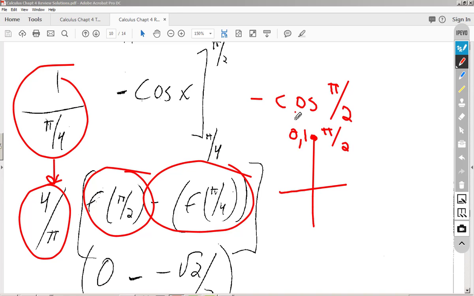Cosine is the x value of that, so that's why that value is 0. And then on this next one, we got the f of pi over 4. So remember pi over 4, that's going to give you the negative cosine of pi over 4, and the negative cosine of pi over 4 is going to be negative square root of 2 over 2.